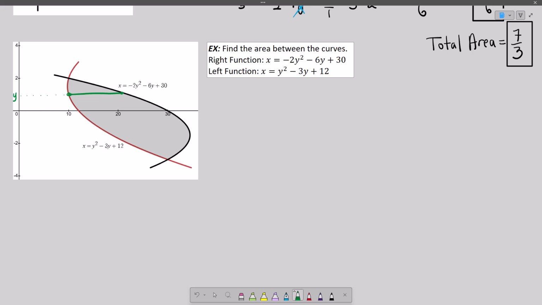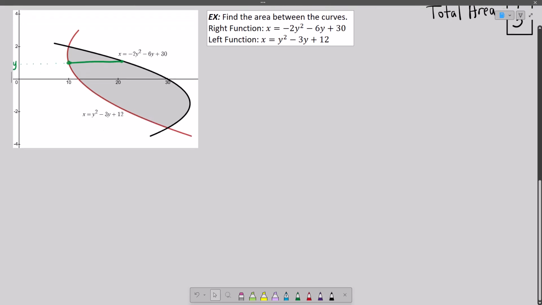Okay, so we need to find the intersection points. Maybe they're semi-obvious, but you cannot tell by looking at that graph definitively what those intersection points are. So we've got to do some math here. Let's set these two equal to each other.